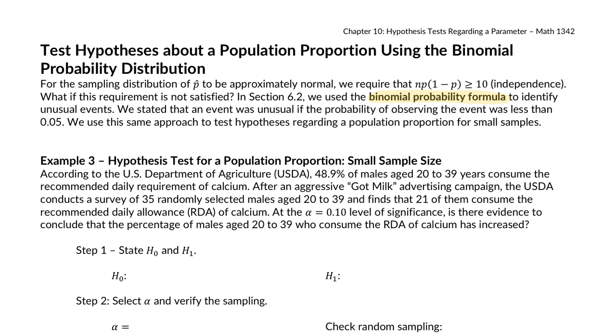So in this example we're going to have too small of a sample size to assume normality, to assume that the sample size is large enough that it eventually becomes normal. So we're going to have to do something else. And we're going to use the calculator for a binomial probability situation to do this.